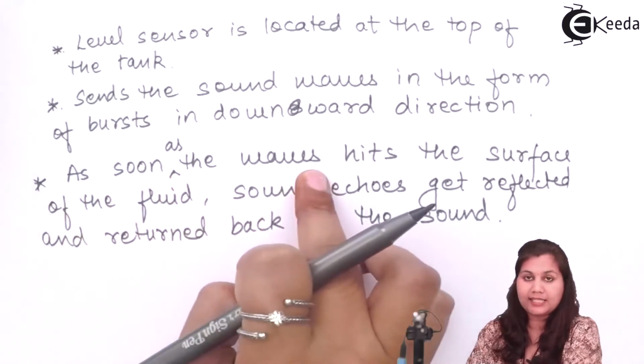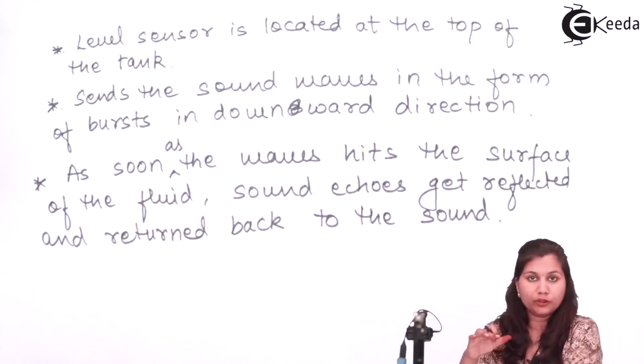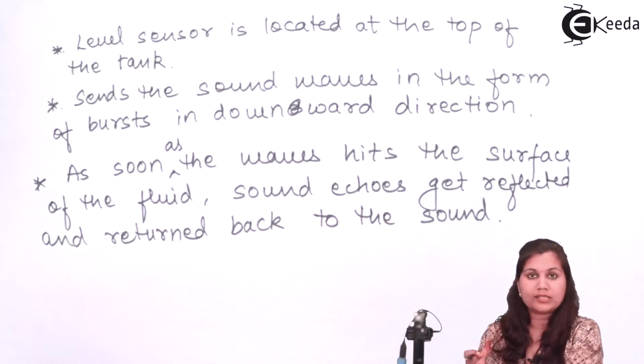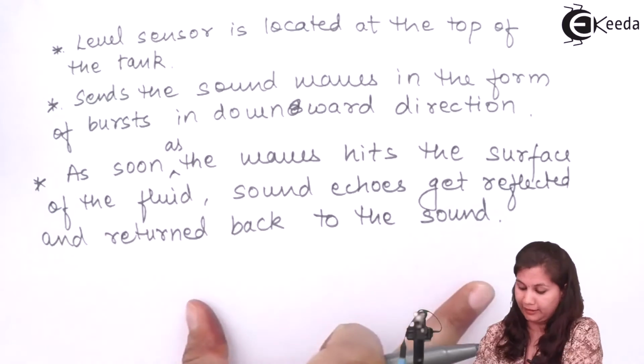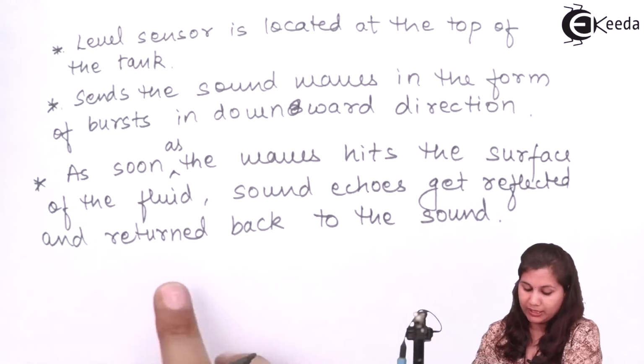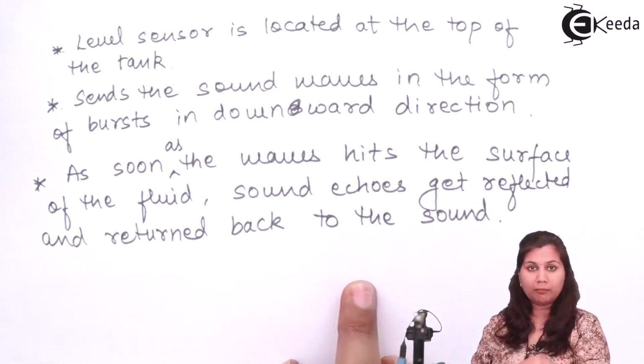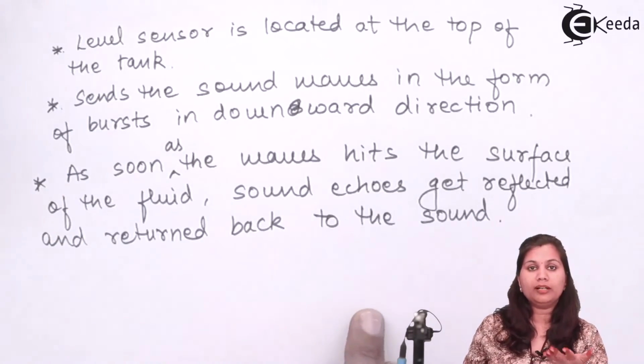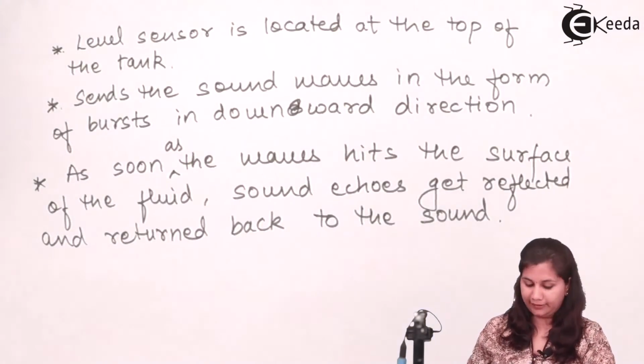As soon as these waves hit the surface of the fluid, they get reflected and echoes are generated. These echoes return back and are received by the sensor again. The time taken by the sound wave to return back to the sensor is directly proportional to the level of the liquid in the tank.